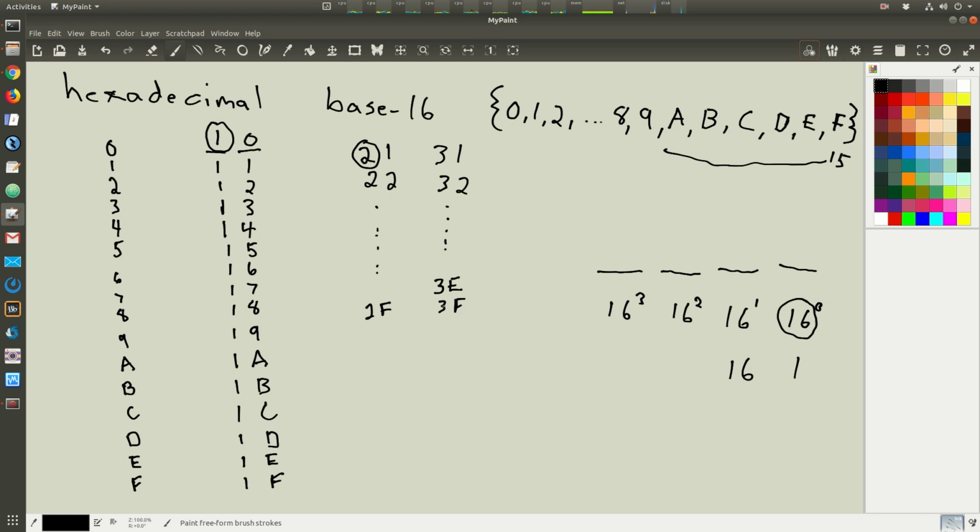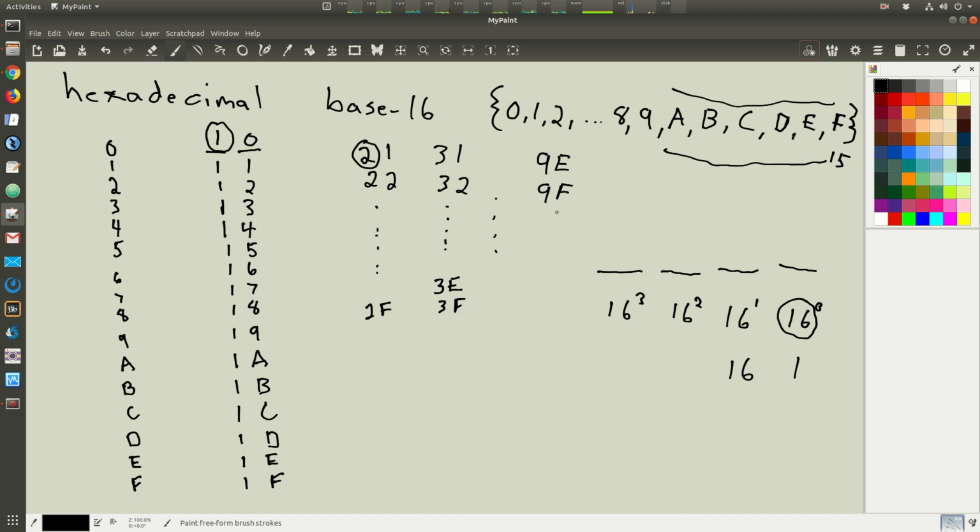Alright, so we increment to 3 like that, and we keep going until we get to 9E, 9F. Now in this 16's place, we're out of the decimal characters, but again, we have all of these to work with still.